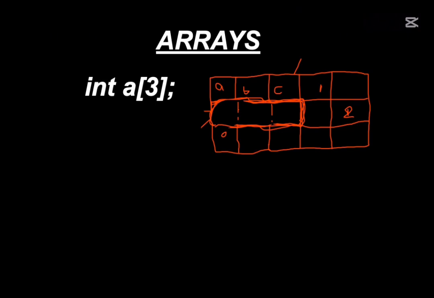So let's say your variable a is an array of 3 data. So the meaning of this is that this array has a compartment that can actually take 3 data. That's the meaning of this.